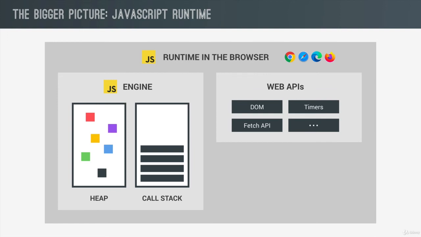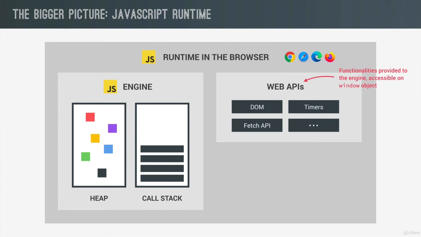So essentially, web APIs are functionalities provided to the engine, but which are actually not part of the JavaScript language itself. JavaScript simply gets access to these APIs through the global window object. But it still makes sense that the web APIs are also part of the runtime. Because, again, a runtime is just like a box that contains all the JavaScript-related stuff that we need.